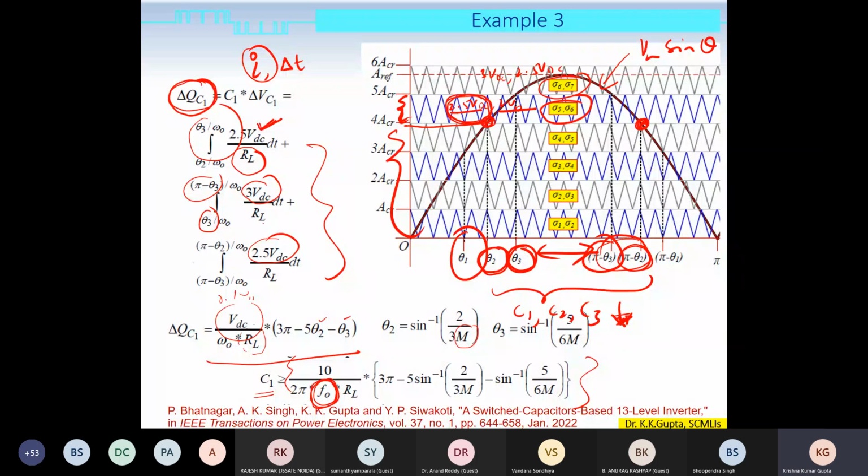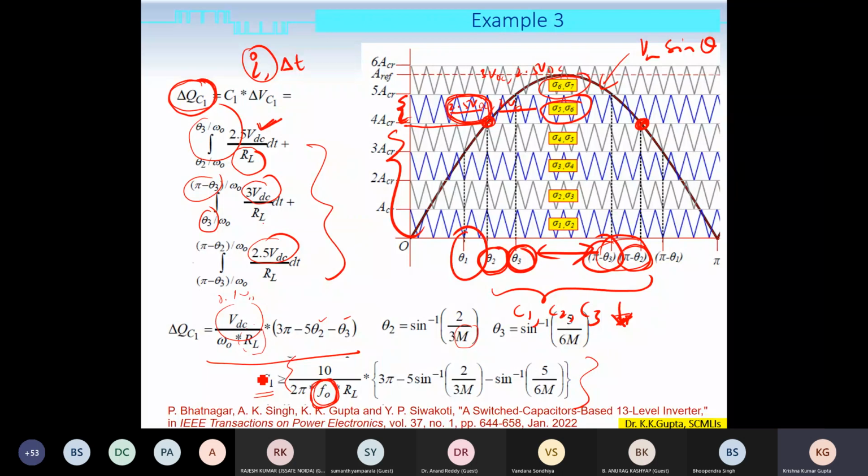But if you take other systems like an aircraft system where the fundamental frequency itself is 400 hertz, there the capacitor size will further reduce. So those are very attractive applications for these kinds of topologies.